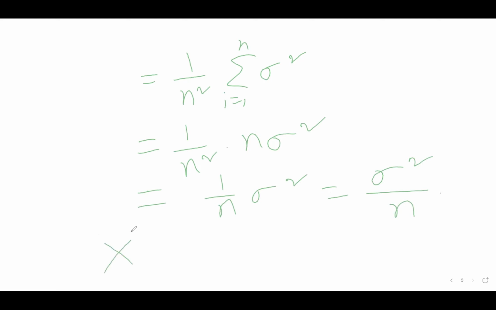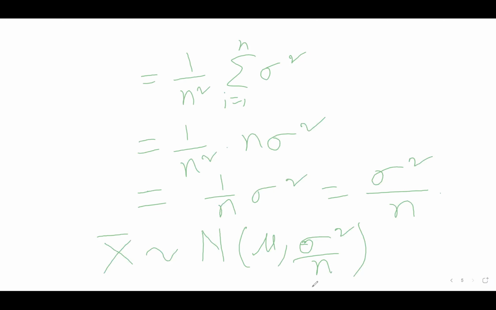So x bar is normal distribution with mean mu and variance sigma square over n. But the variance of x was sigma square. So that is the difference between the variance of x and variance of x bar.